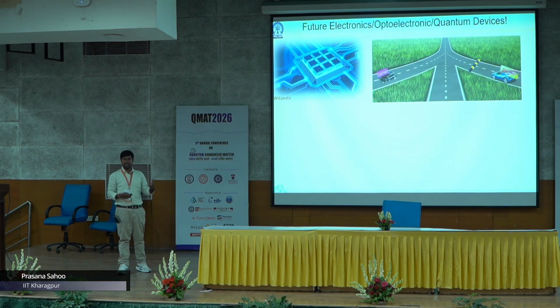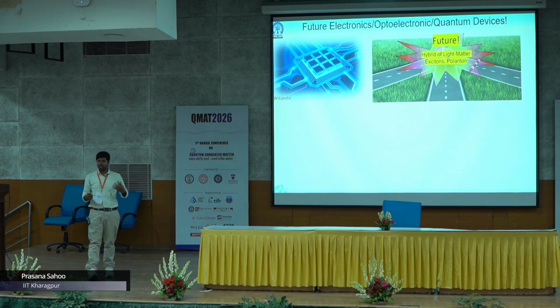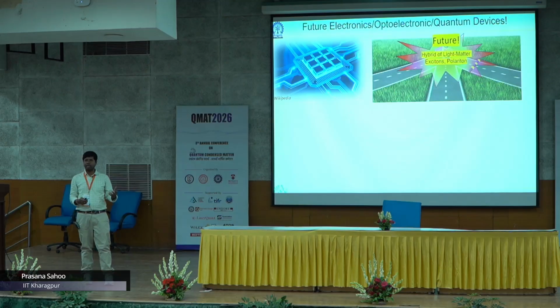If you add some kind of heterostructure to different kinds of material, then you can form a kind of hybrid. So we can use the excitons as polaritons, using the concept of light and matter interaction to control such materials or harvest some interesting physics.